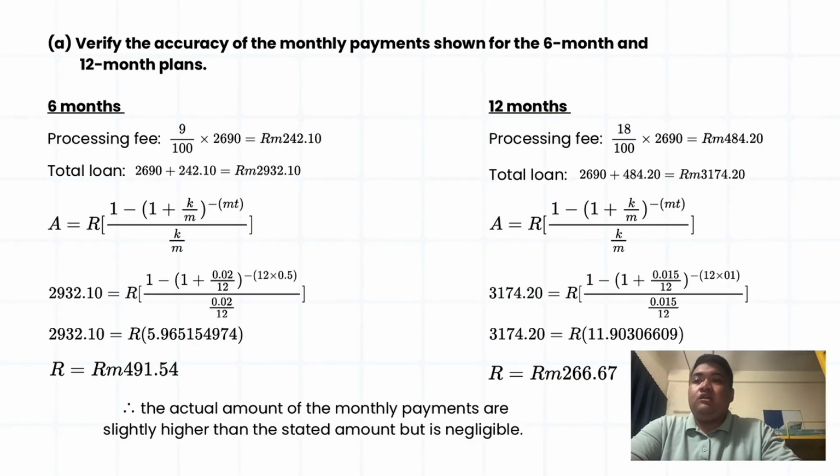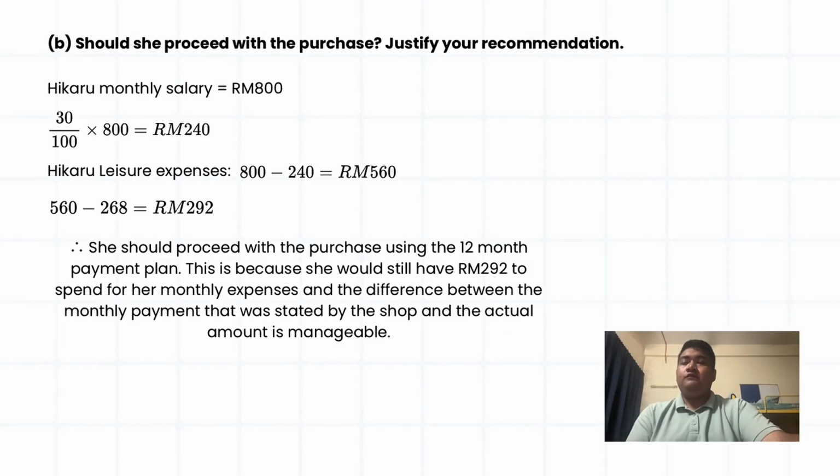In conclusion, the actual amounts of the monthly payment are slightly higher than the stated amounts, but it is negligible. For the next question, should she proceed with the purchase? Justify your recommendation. First we need to know how much money Hikaru has every month.